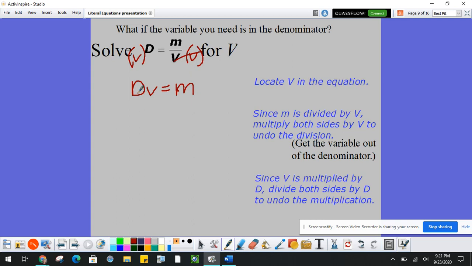So in order to cancel out that d, I'm going to divide by d on both sides. Now when I divide by d, v is by itself. And on the right side, since I don't know what m and d actually equal, that is my answer, m divided by d.